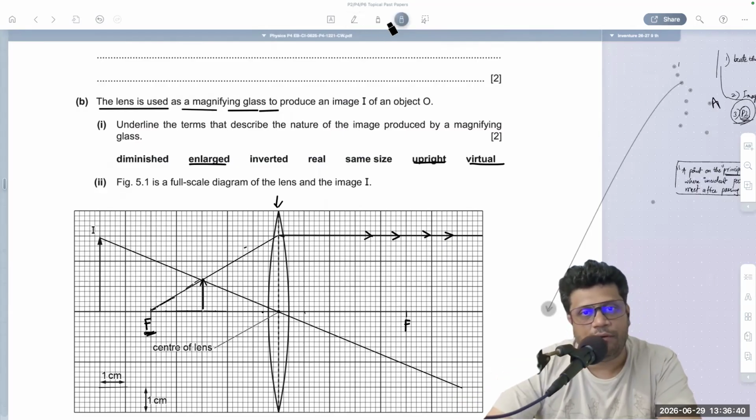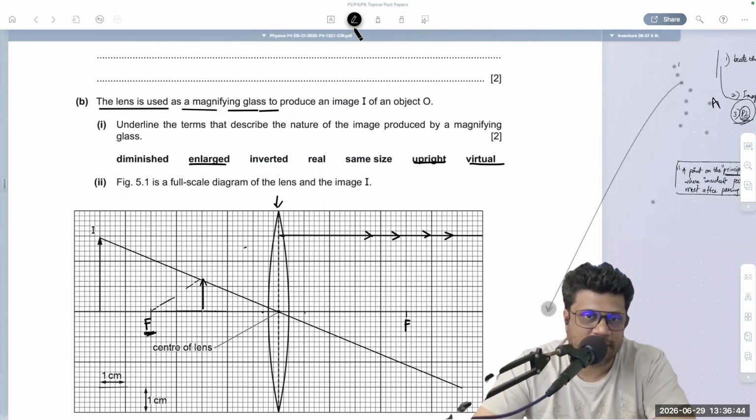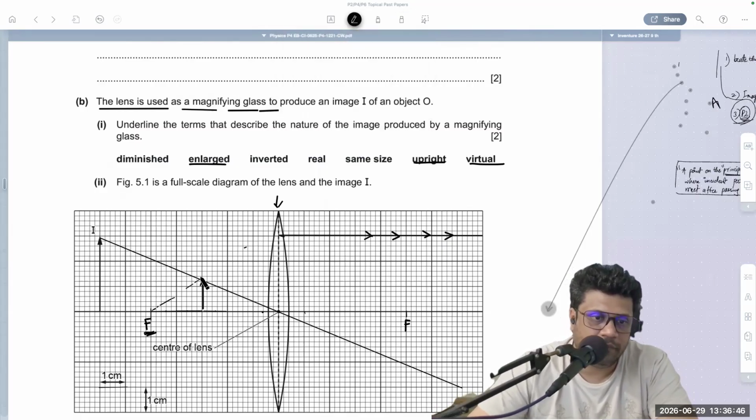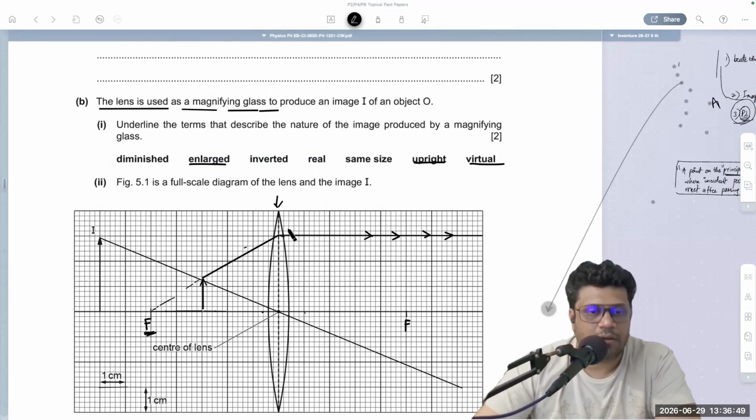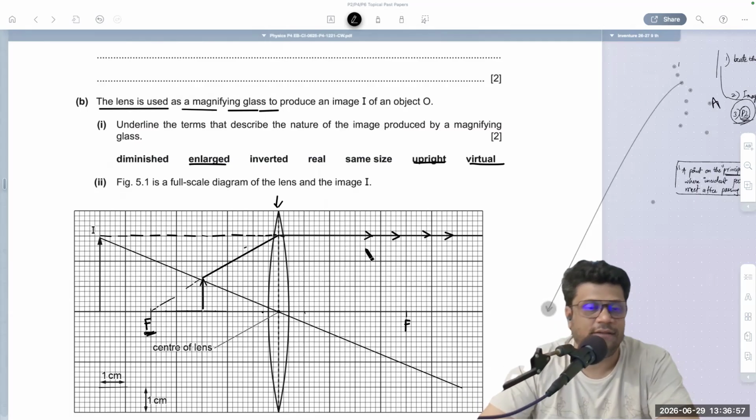And I'm going to draw virtual extensions for the rays to look like they're creating a virtual image.